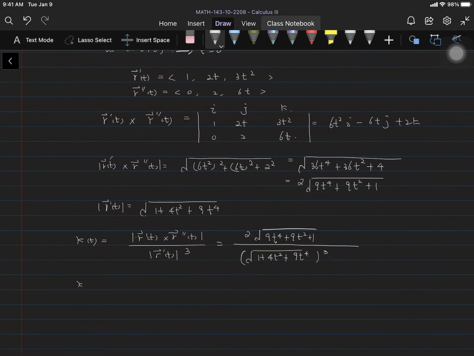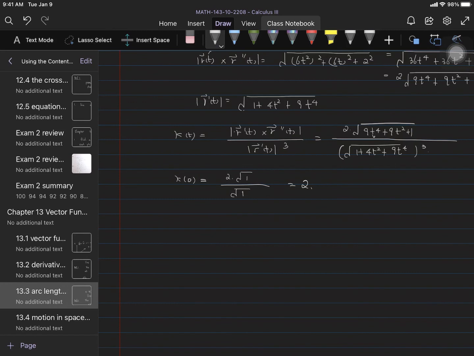So actually we're looking for K(0), the curvature. So we just change all the t into 0. The final answer is 2. So the curvature at the point (0, 0) is 2. Okay, and this is all about the curvature.